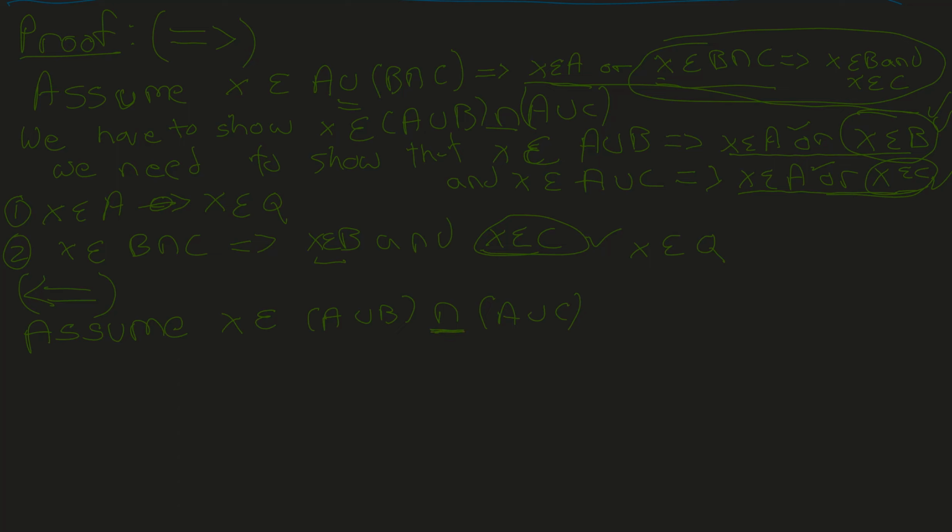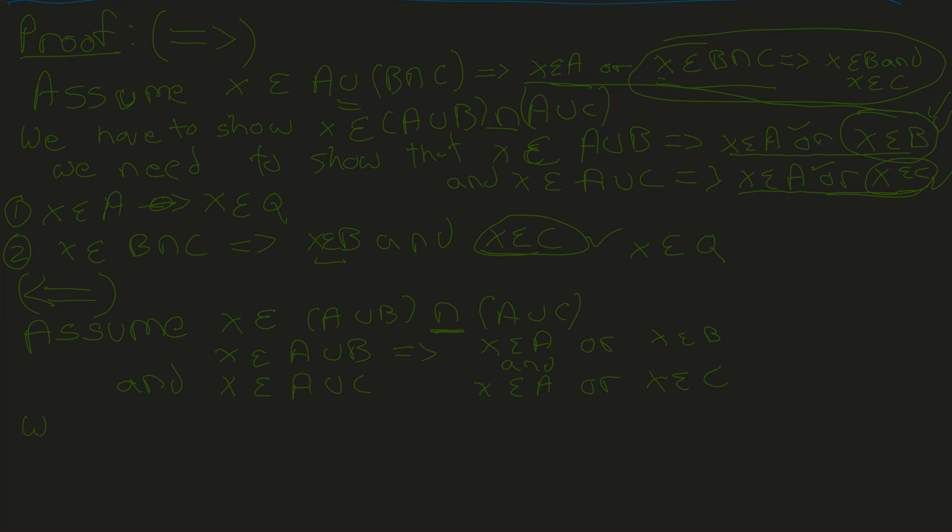This is an and, so it means x is part of A union B and x is part of A union C. This further means that x is part of A or x is part of B, and x is part of A or x is part of C.